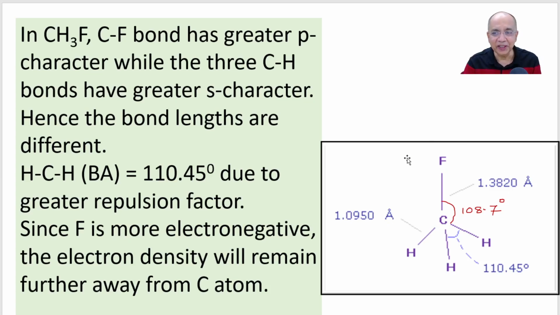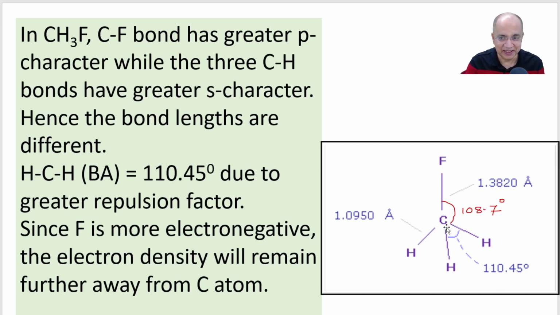For example, if you look at the actual bond length and bond angle of CH3F, methyl fluoride or fluoromethane, you will be surprised. No VSEPR theory will help you to explain. So Bent's rule came to our rescue.